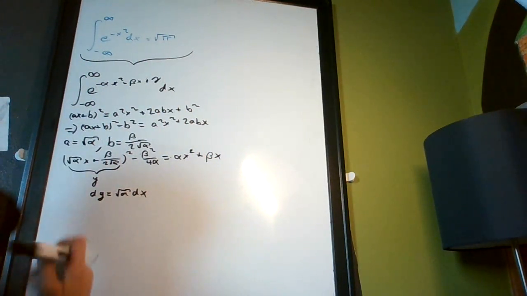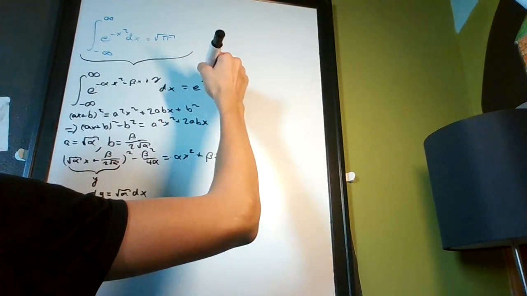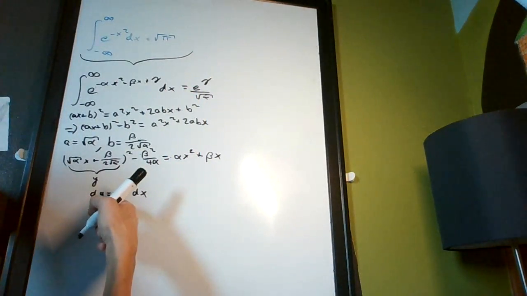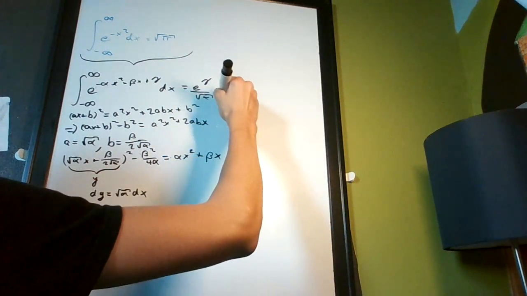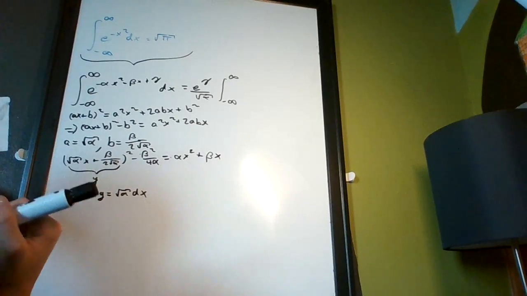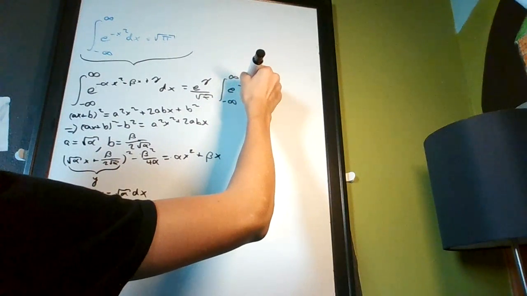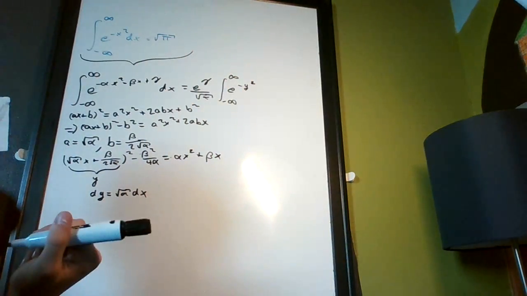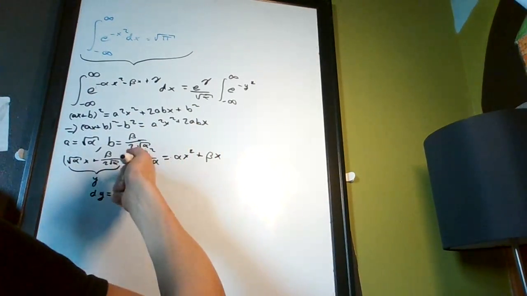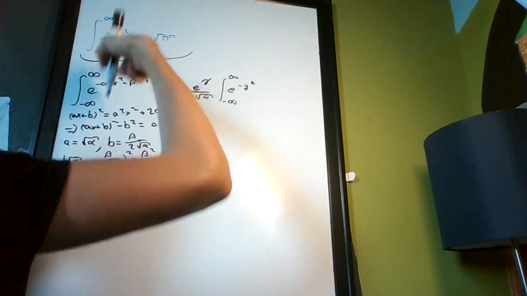So now, I'm going to get this is equal to e to the gamma, bringing it outside, divided by square root alpha, because we're doing dy, so we've got to divide by it. We go from negative infinity to infinity of, and then we're going to have e to the negative y squared, right? Because if I take the negative of both sides, I get this right here, right?